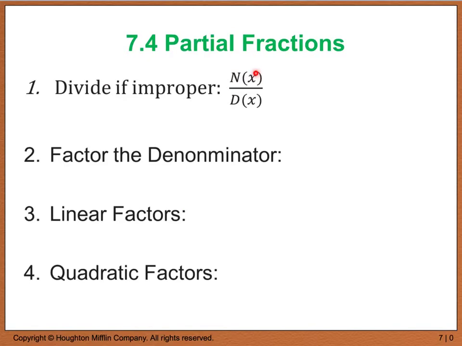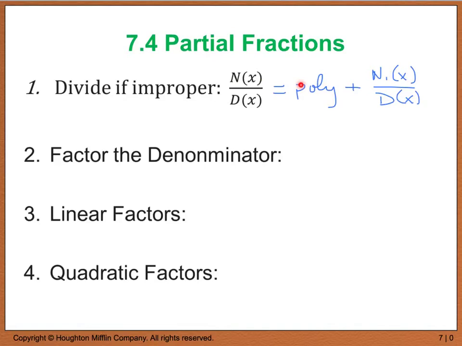So when you divide that out, what you're going to end up with is some polynomial, and then we're going to end up with another rational expression that will be a fraction of the original one. Okay, because you can only do partial fraction decompositions on fractional pieces. You can't do it on something that will divide out nicely.